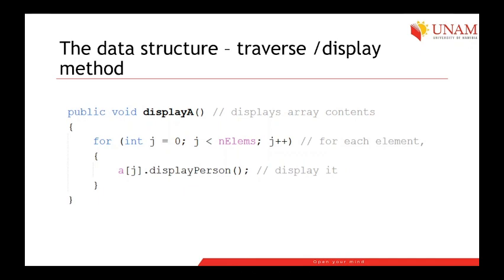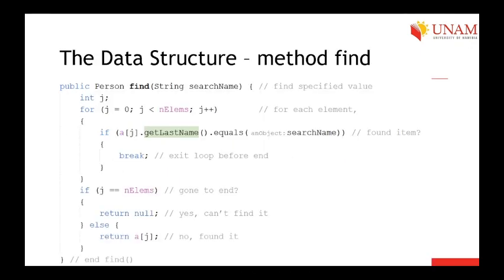Remember, for every data structure, we are interested in those four operations: traversing, inserting, deleting, and find. So this is the traverse method. Method find looks as follows. You have to specify the search name for the person that you are looking for.